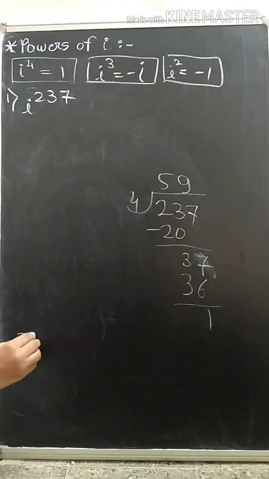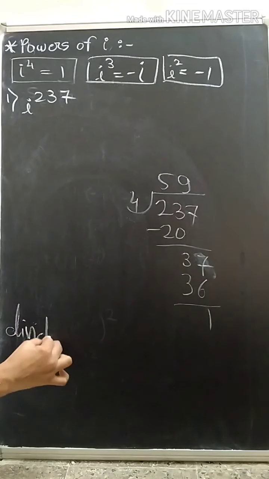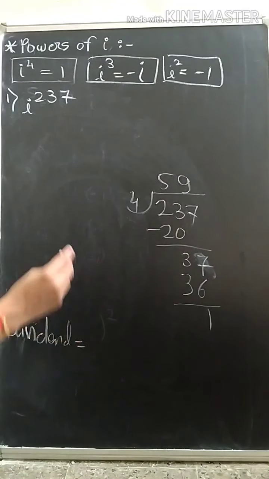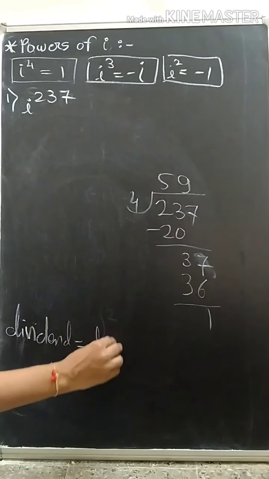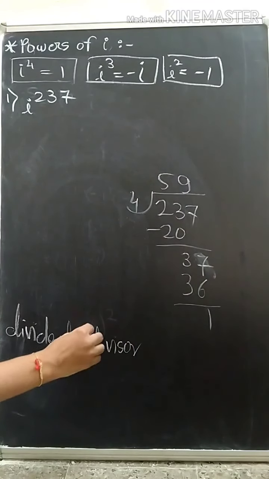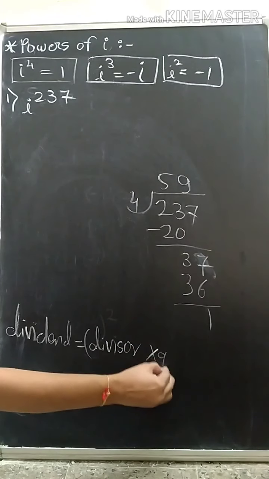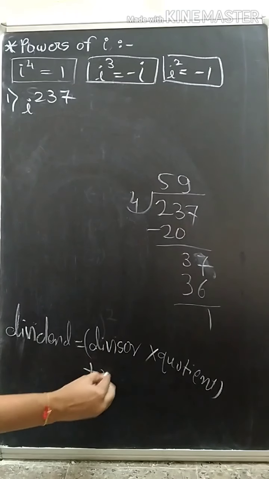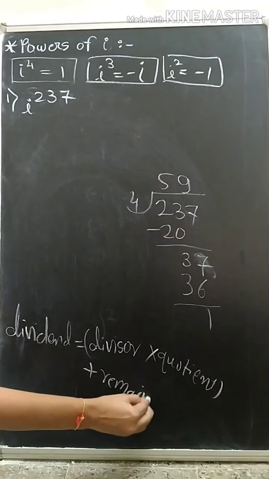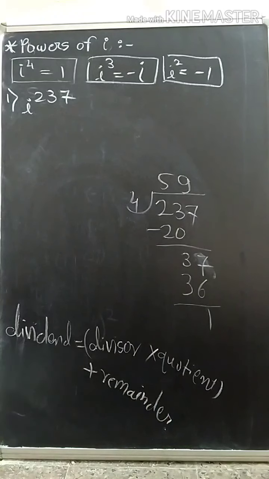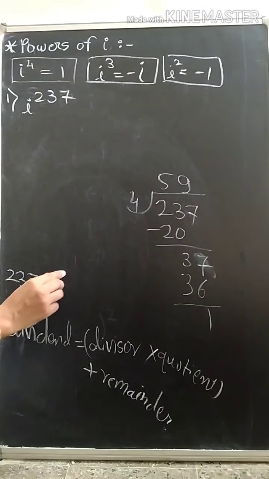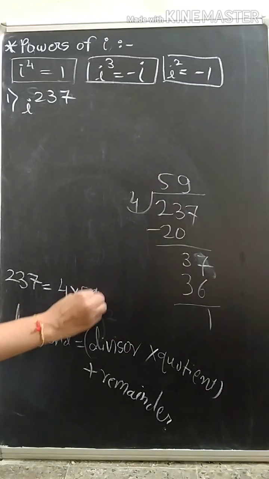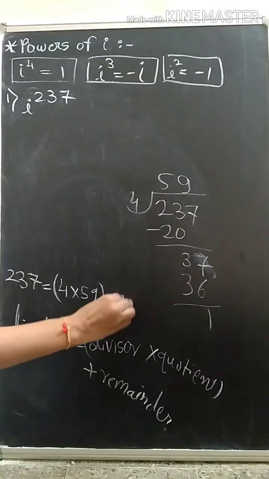So how can we write 237? We have one formula: dividend equal to divisor into quotient plus remainder. So we can write 237 equal to 4 into 59 plus 1.